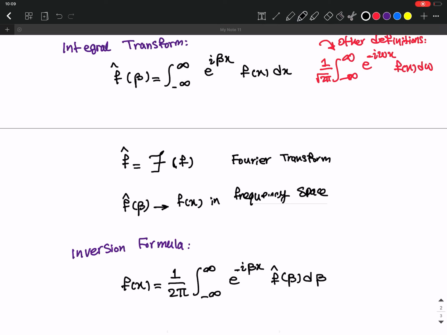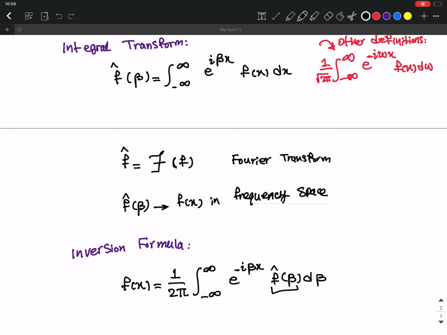Okay, so here what you see is we now have an inversion formula where we take f back from the frequency space to regular space.